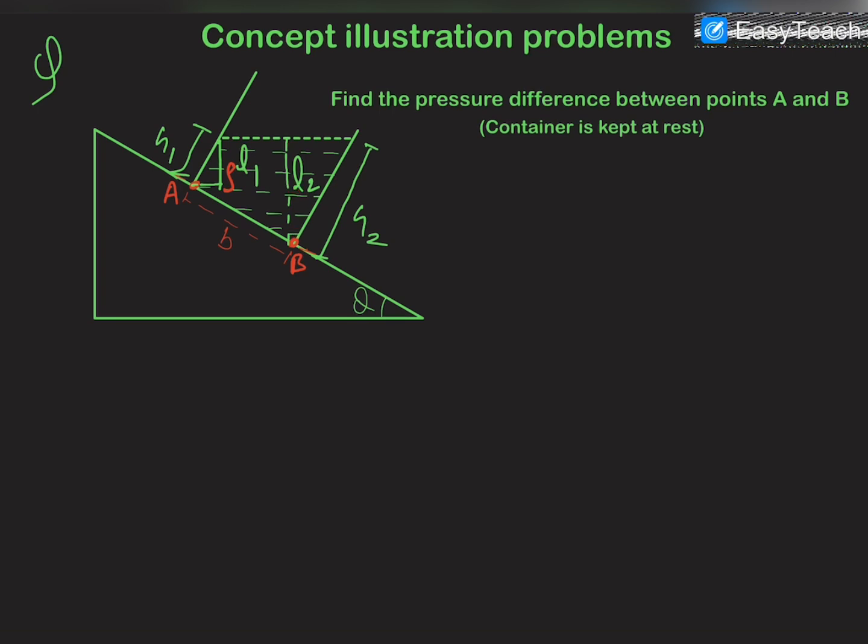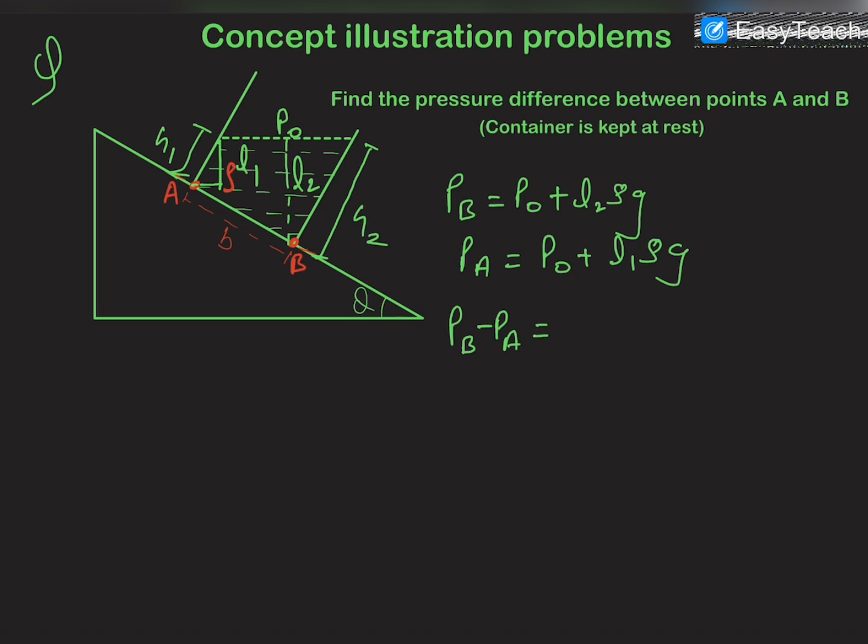Now I can say that the pressure at the surface is P naught, and the pressure at B will be equal to P naught plus L2 rho g, and the pressure at A will be equal to P naught plus L1 rho g. You can see that P naught is the common factor, rho g is the common factor, and L2 is greater than L1. So we can say that PB will be greater than PA, and therefore the difference of pressure will be PB minus PA, which is L2 minus L1 into rho g.